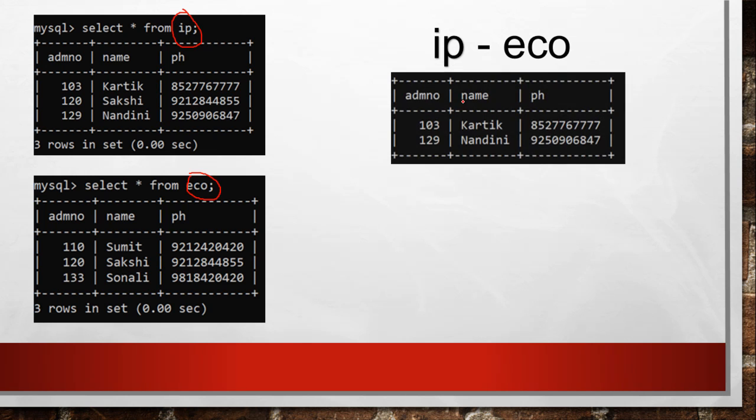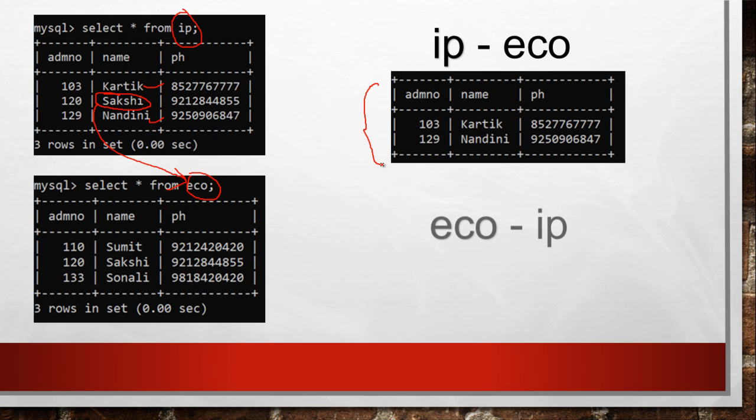We will get the answer Karthik and Nandini, because they are studying only IP, but Sakshi is also in the echo batch. So IP minus echo means the records common with the echo table are removed from the IP table. The Sakshi record is present in the echo table, that's why it is removed from the IP table, and the result is shown like this.